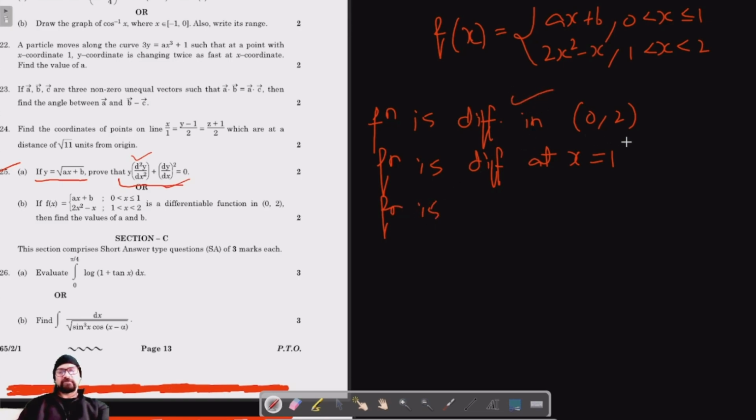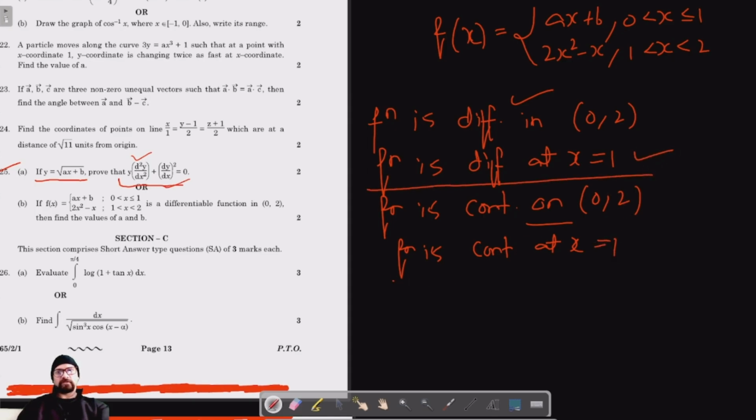And as the function is continuous in 0 to 2, that means the function is continuous at x is equal to 1. So let's try to use these two conditions.